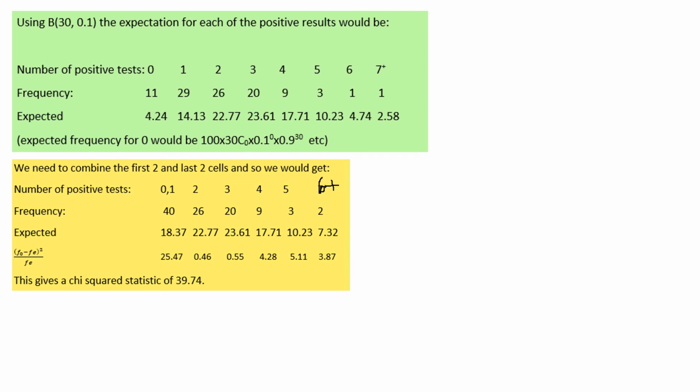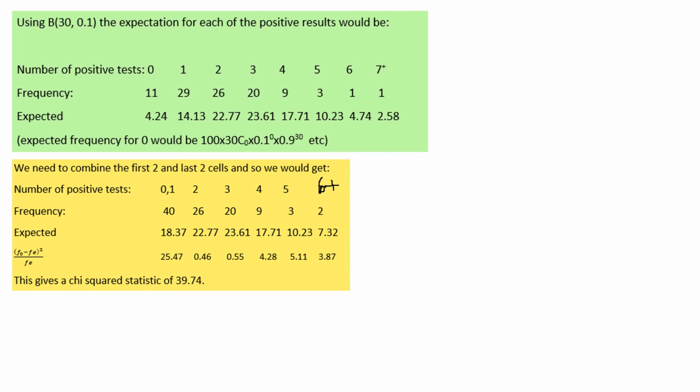Why would you combine 0, 6 and 7 together? That would be daft. So we combine 6 and 7, and we combine 0 and 1. Okay, so the observed frequency for 0 and 1 was 40. The observed for 6 and 7 combined is 2, and now I have my expected frequencies.